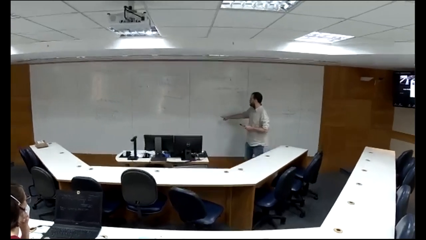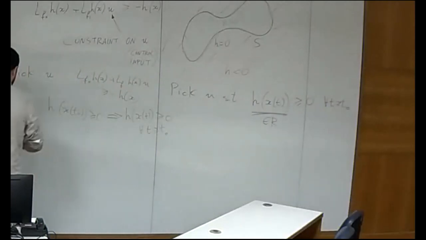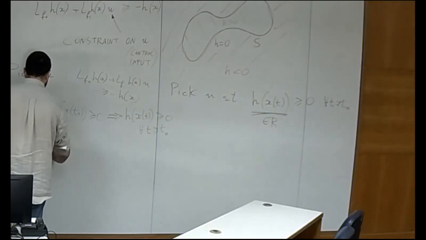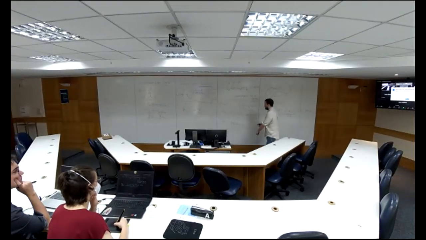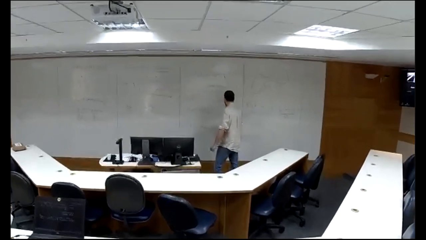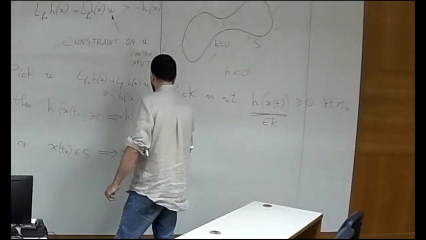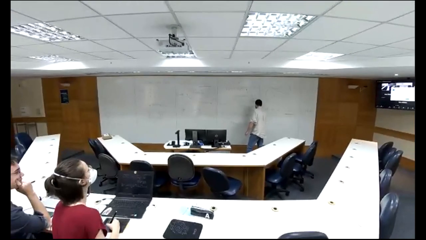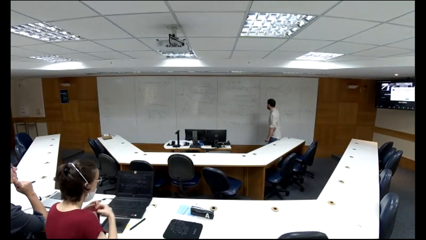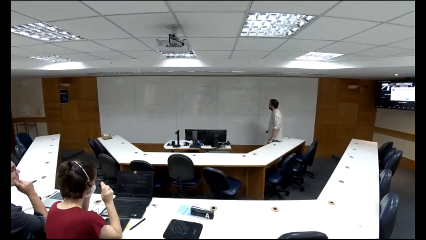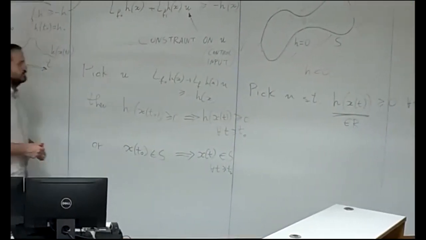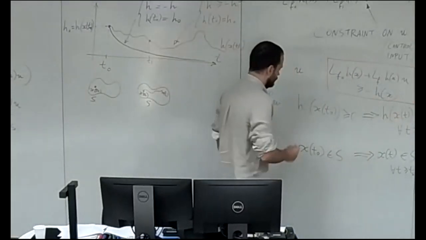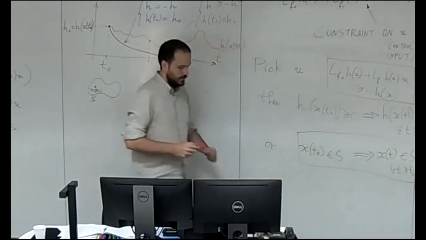So if h starts positive, or if x at t0 is in S, meaning h is positive, either inside or on the boundary of the set S, then x of t will remain in S. So now we have almost done, and we have a systematic way of choosing a u such that our state never leaves the desired set.